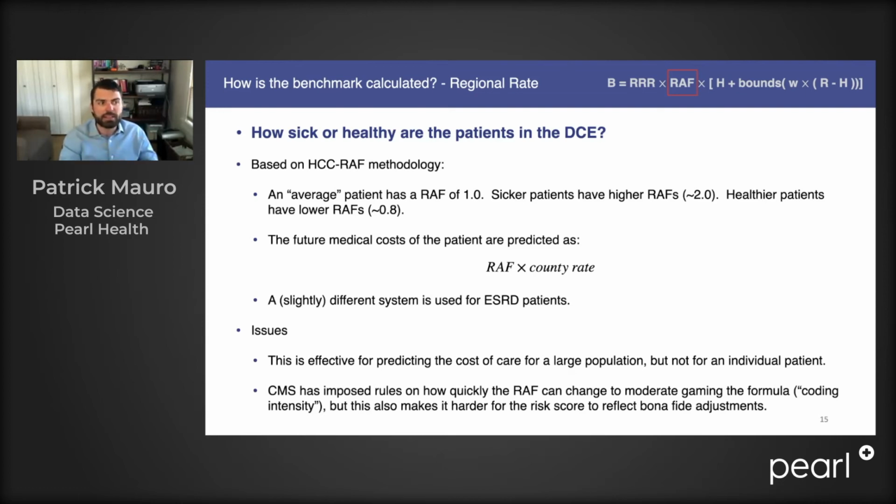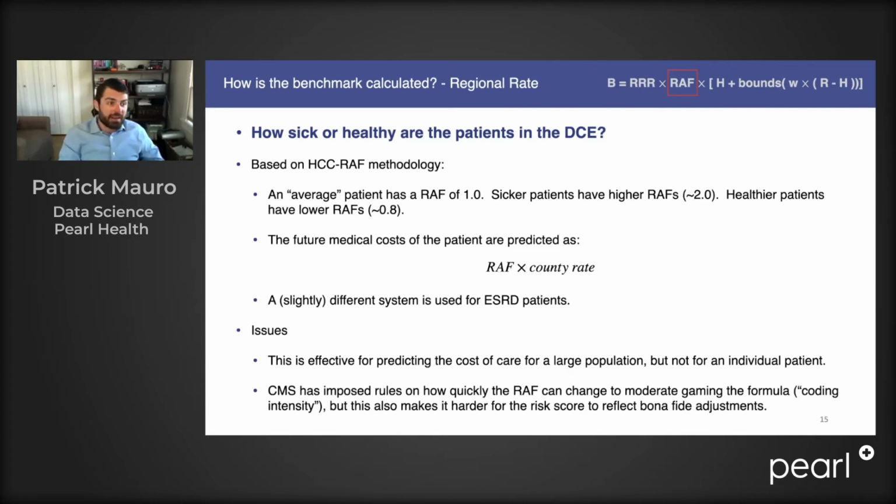Note here a slightly different system is used for ESRD patients. So you can extrapolate some of the concepts here for ESRD patients, but it isn't slam dunk plug and play. There are a couple of issues here. As you might imagine, it's hard to capture all the nuances of a patient's care with one number. This is extremely effective, I think, for macroeconomic analyses, tens of thousands of patients, millions of patients. It's not going to be good for predicting the future medical costs of a specific patient.